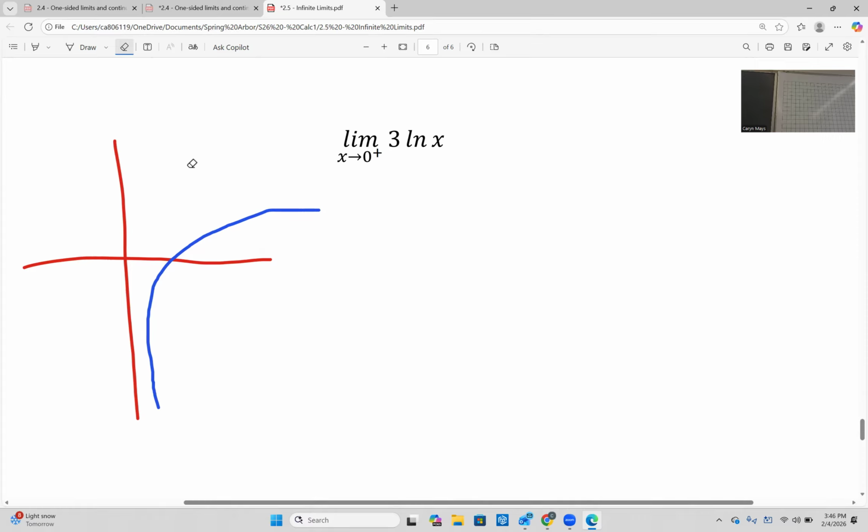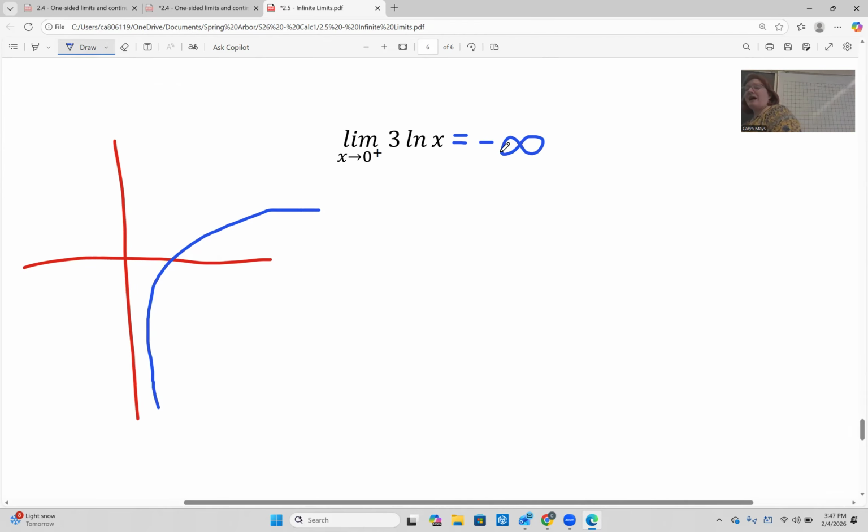What's the limit as x goes to 0 from the right? Negative infinity. Recognize the graph, and we can see very quickly that it's going to negative infinity.